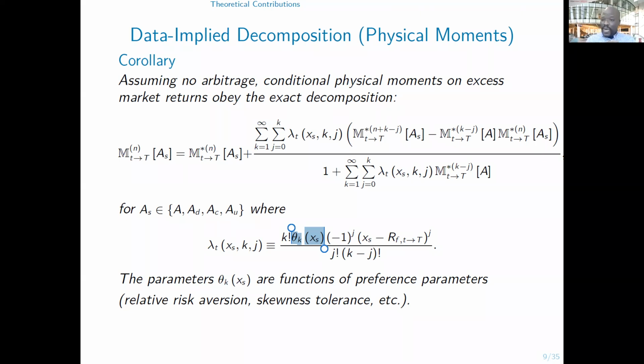The second ingredient is this: every time you want to move from the physical moment to the risk neutral moment, you want to turn the physical moment into risk neutral quantities, you need somehow to specify the stochastic discount factor, right? But here we avoid specifying the functional form of the stochastic discount factor.